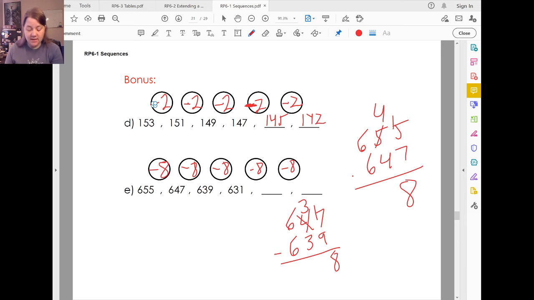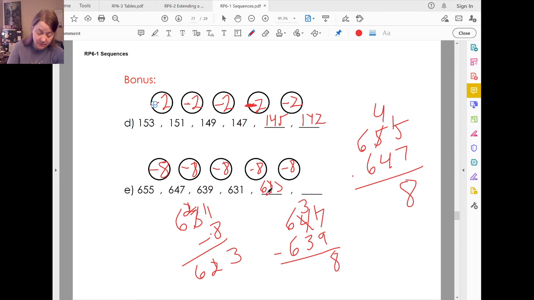Now I have to subtract 8 from these, so I have 631 minus 8. Let's go ahead and do our borrowing. It's going to be 613, except I borrowed wrong because we're here. Let's see if this works.